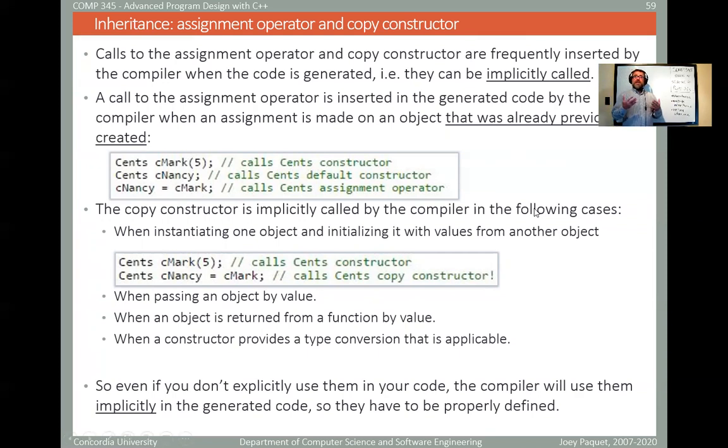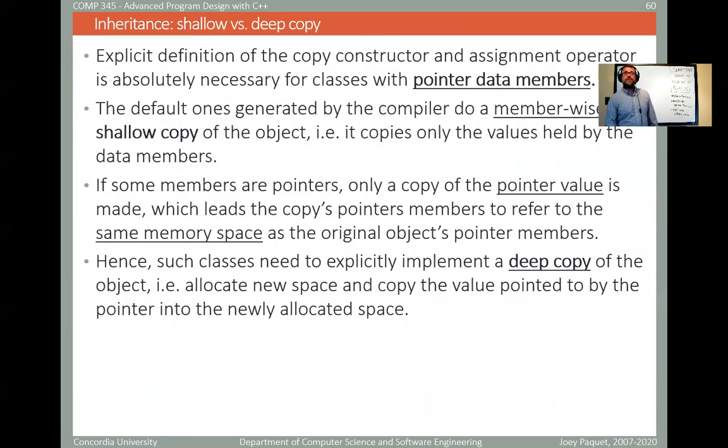All this to say that your copy constructors are very, very likely to be used, even though you don't make explicit use of them in your code. The compiler may decide to call your copy constructor.